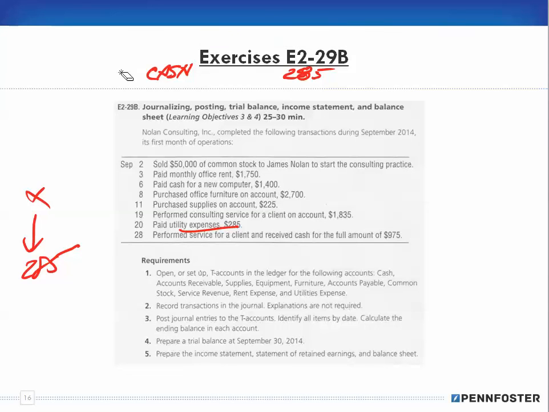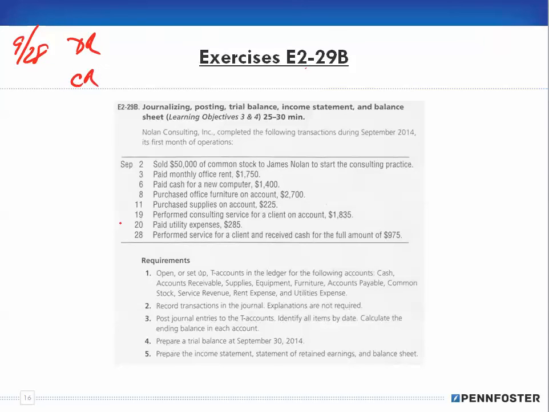And lastly here, we have 928. Perform service for a client and receive cash for the full amount, in the amount of $975. So am I affecting cash? Yes, because they're paying for it, right? Did my cash increase or decrease? It increases by $975.